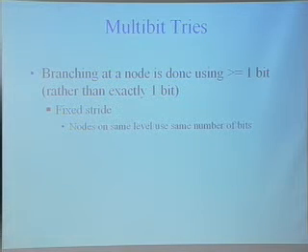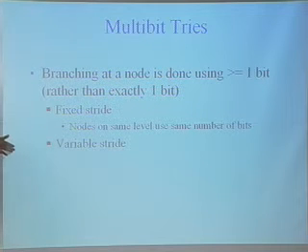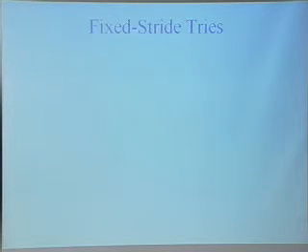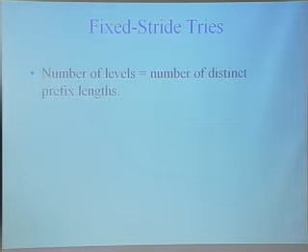So the number of bits used varies by level, but not within a level. That's called a fixed stride trie. Then you have a variable stride trie where you relax that and say the number of bits can vary within a level as well as between levels. All right, so let's look first at fixed stride tries.